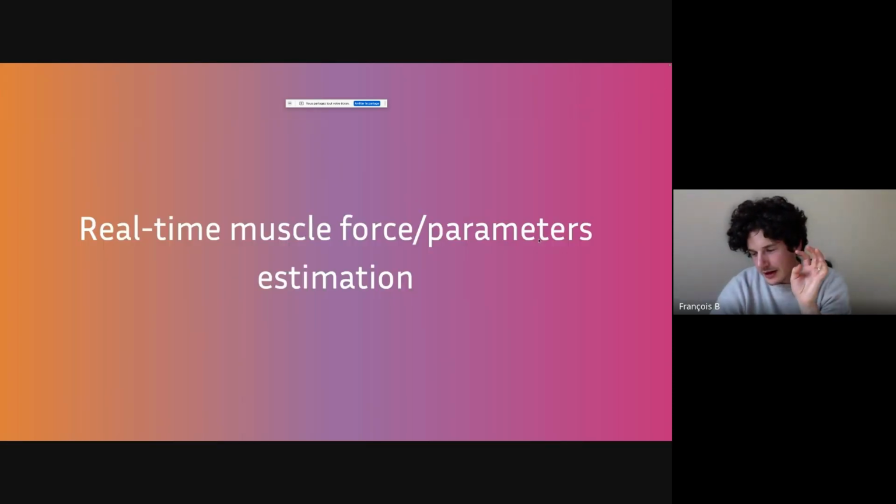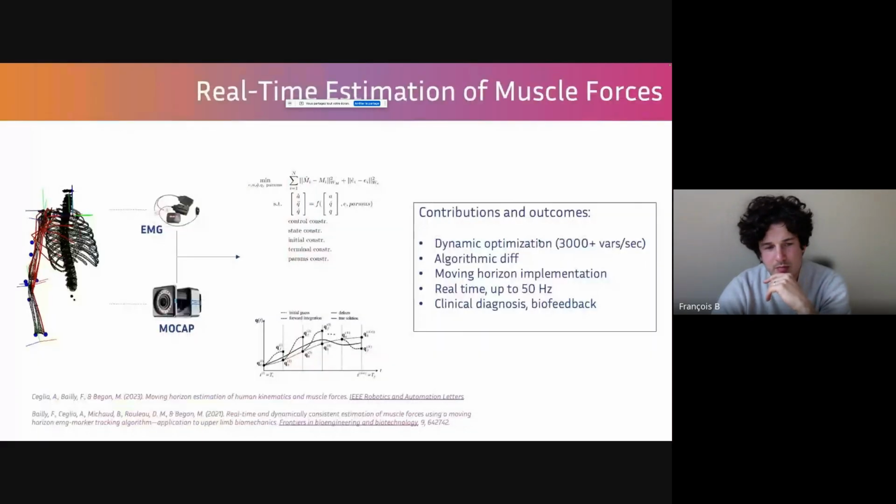So now that I have introduced this tool, real-time muscle force parameter estimation is a big challenge, because if we want to run simulations, we need to have, as I said in the introduction, good enough models, and good enough models go along with good parameters of the models, and this is a real challenge in biomechanics, to identify these parameters, especially muscle parameters.